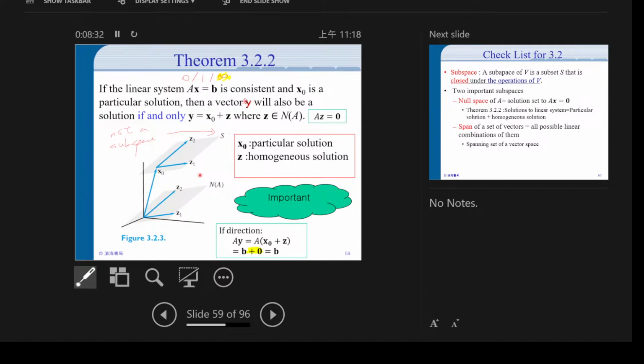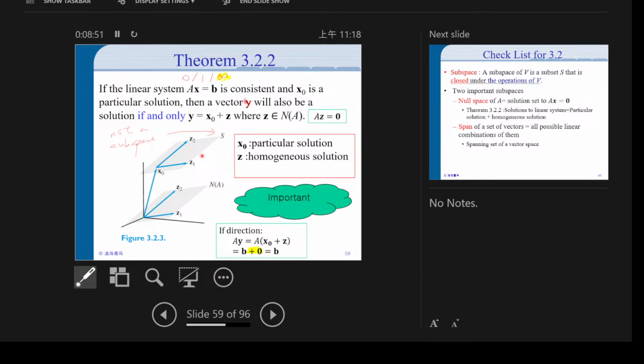So you see that everything inside S is, I guess we didn't quite prove it, but you can see that everything inside S is just everything inside N(A) shifted by this particular solution. Okay.